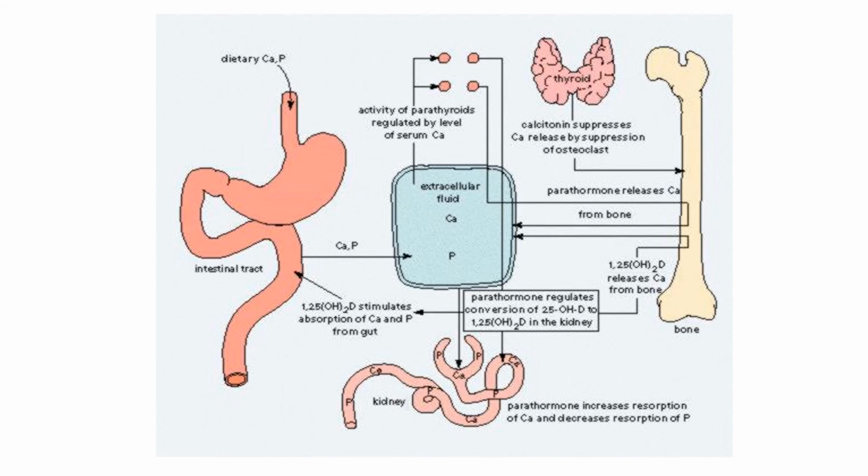The parathyroid hormone also regulates the concentration of alpha-1 hydroxylase, which is responsible for the conversion of 25 hydroxycholecalciferol to 1,25 dihydroxycholecalciferol, and this parathyroid hormone regulated vitamin D also stimulates absorption of calcium from the intestine. This parathyroid hormone increases the reabsorption of calcium and decreases the reabsorption of phosphate from the kidney tubules.